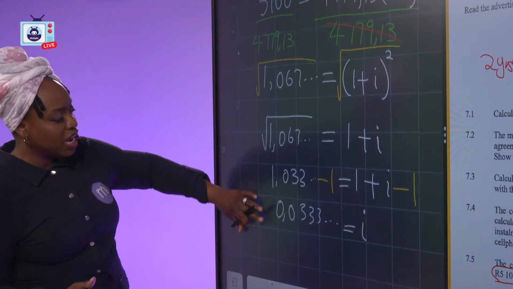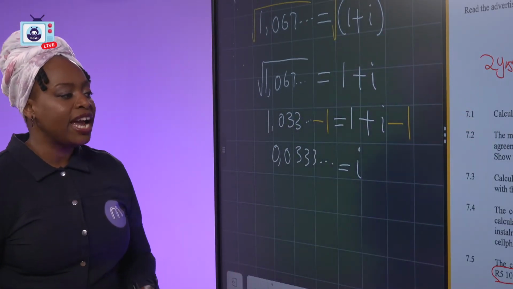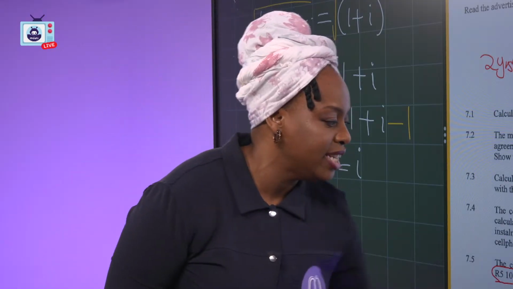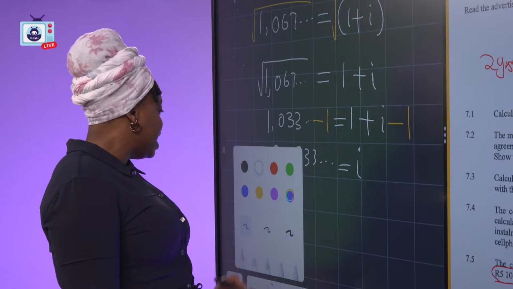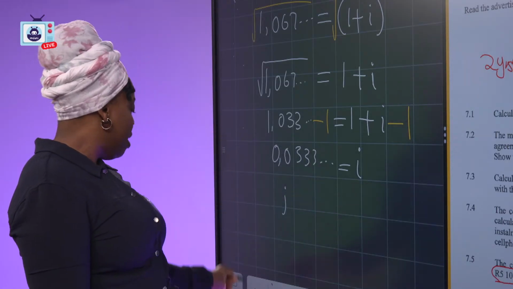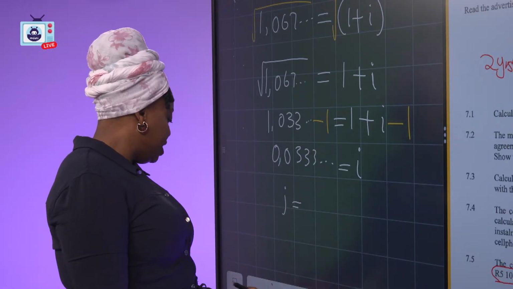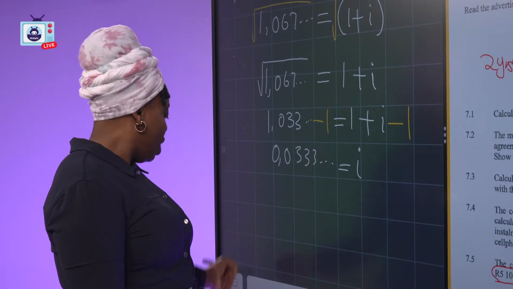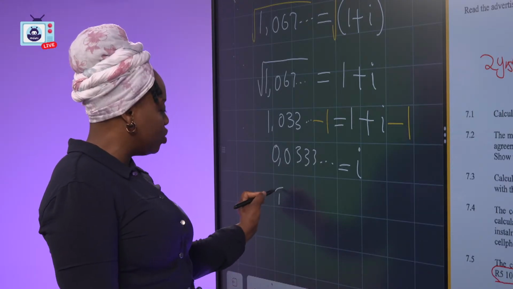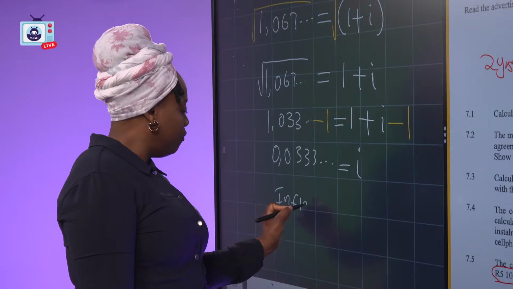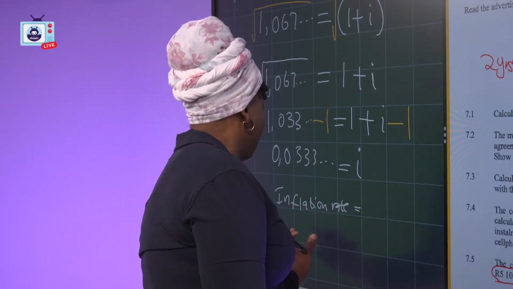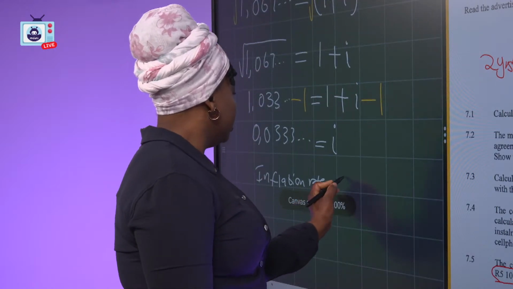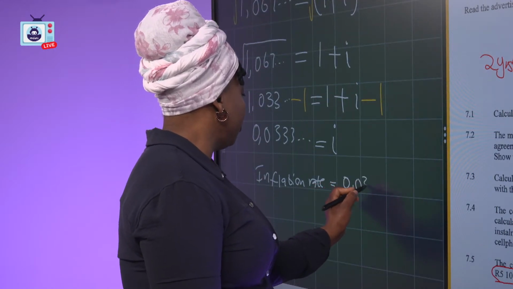But this is just an I. For me to write it with the inflation rate as they want, I would have to multiply that particular amount by 100. So that is my I, which I will write this way. So the inflation rate will be equal to 0,033.